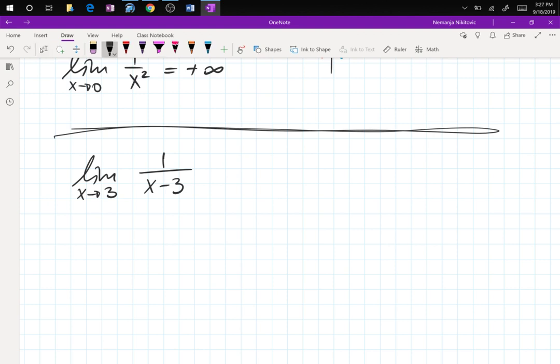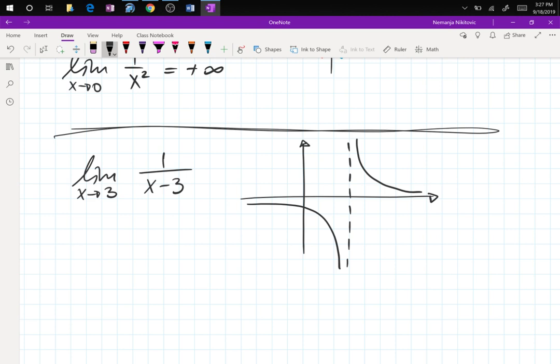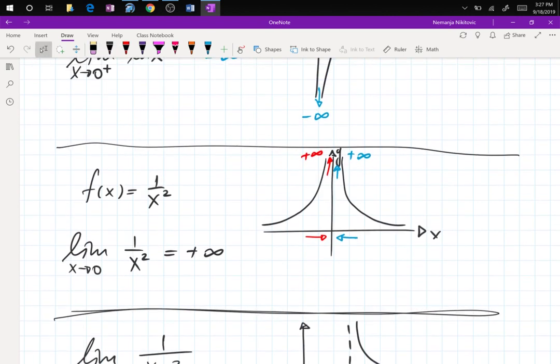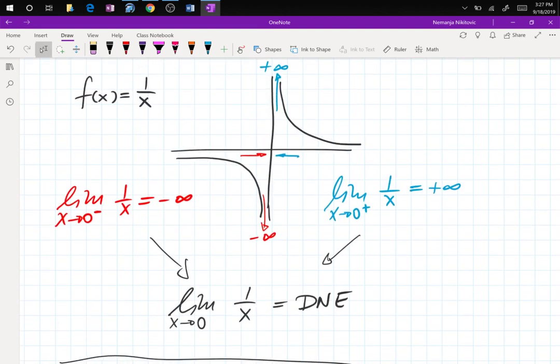So to graph this one, you must know that you are looking at the 1 over x base graph that will be shifted to the right 3 units. So you will draw 1 over x. See, I have 1 over x up there, and 1 over x is centered at 0.